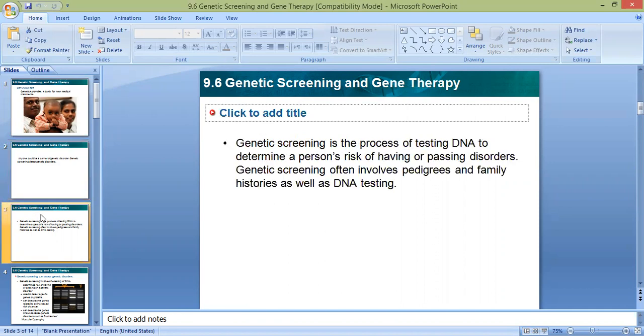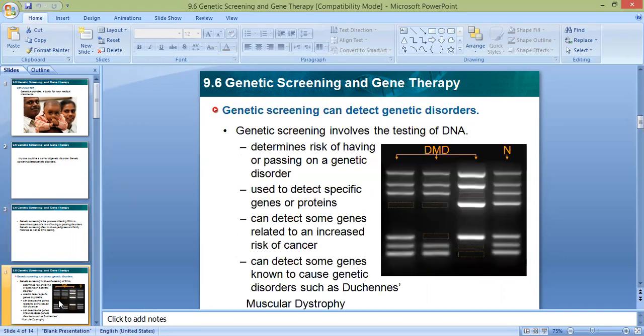And as we learned, it is a process of testing DNA by different methods to determine a person's risk of having or passing on disorders. Now, genetic screening involves many methods like pedigree and family histories as well as DNA testing. It can detect genetic disorders.